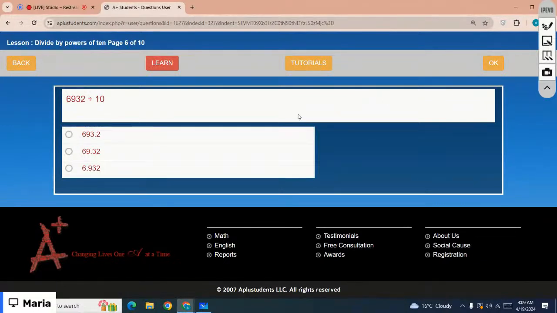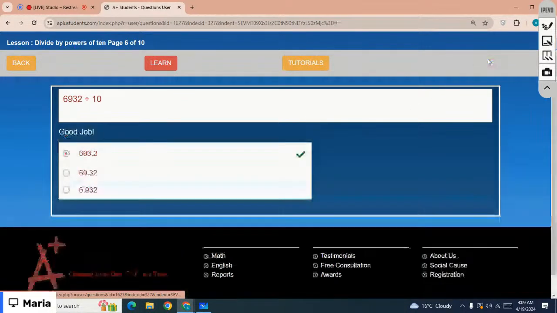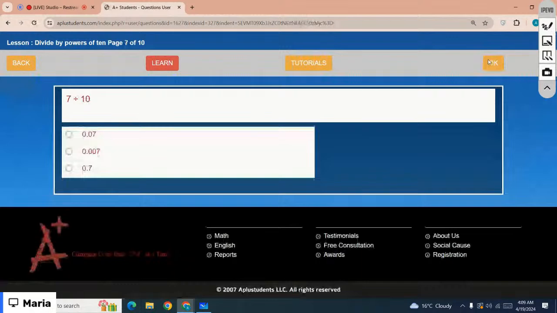Very good. 7 divided by 10, which is the correct option?